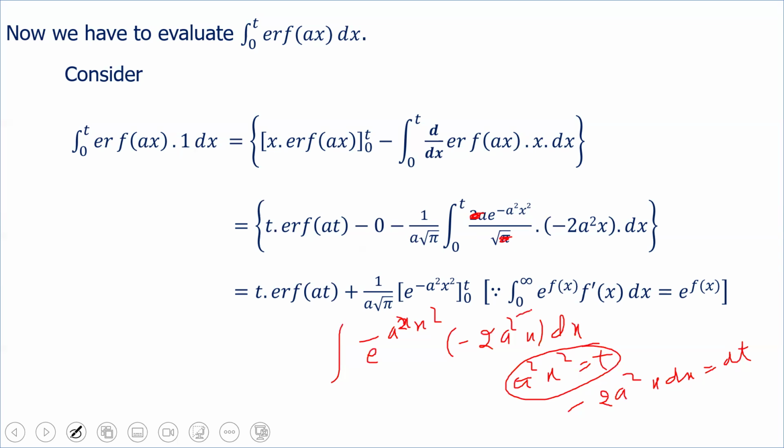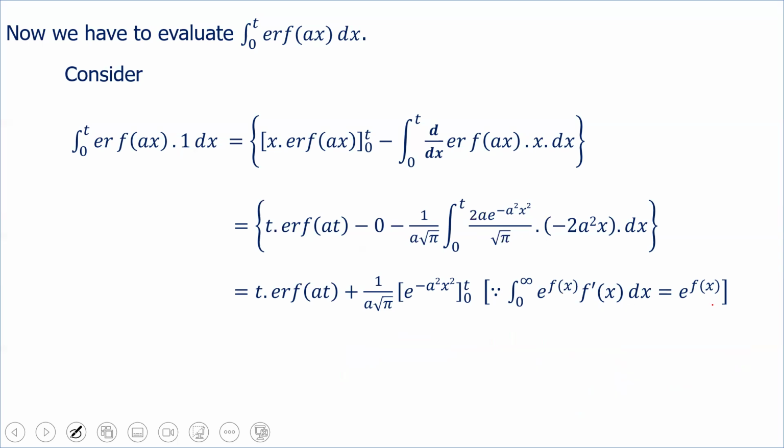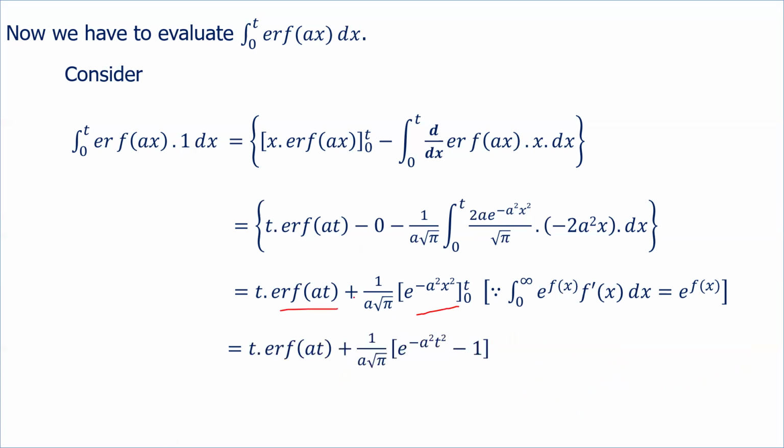So this is nothing but error function of f of x, f dash of x dx is equal to e to the power f of x. So if you put the upper limit and lower limit over here, t into error function of f of t plus 1 upon a root pi e to the power minus a square x square.